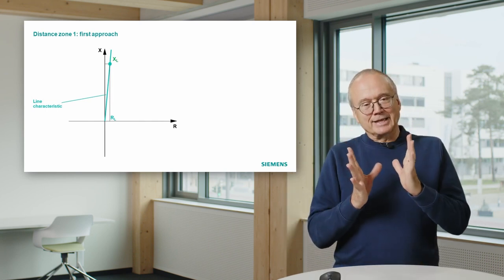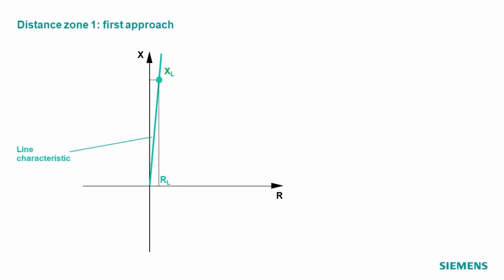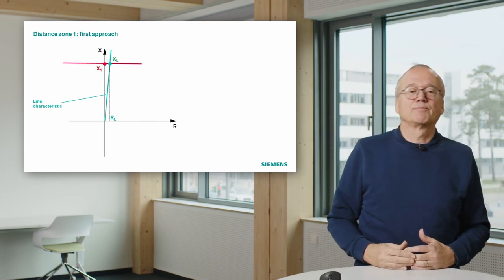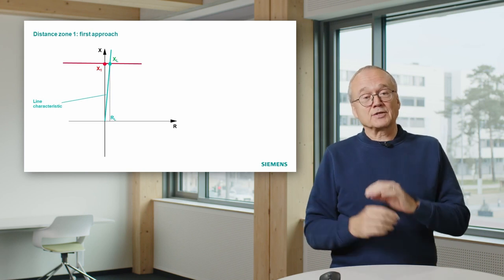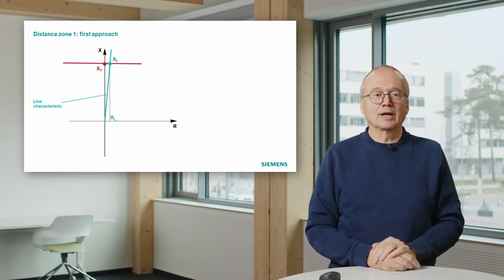That means we take again this complex plane, and then we define a certain area in the complex plane, and if we detect a fault in this area, we say, okay, the fault is on the line. And in the first step we would say, as we just discussed, the upper limit is the line reactance. If we want to set a distance relay, we ask our network planning people, what is the total reactance of our line?